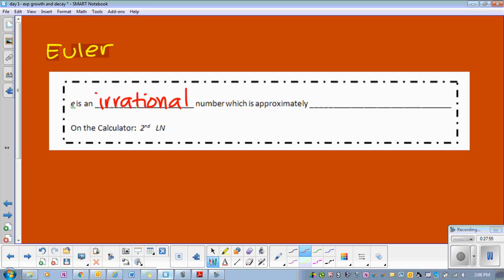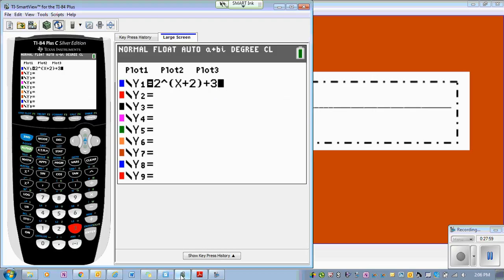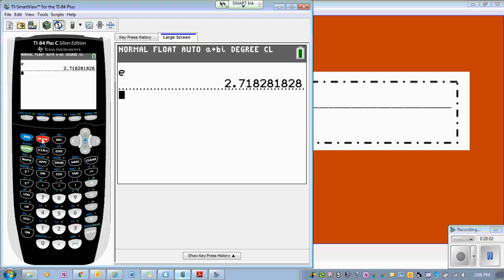Your calculator has E. All right. Let's go to our calculators. Here's E. Go to second, divide. That gives you E. Second, division sign. Hit enter. Does it matter if it's capital or not? Like the capital E? No, you're not doing alpha, you're doing second divide.